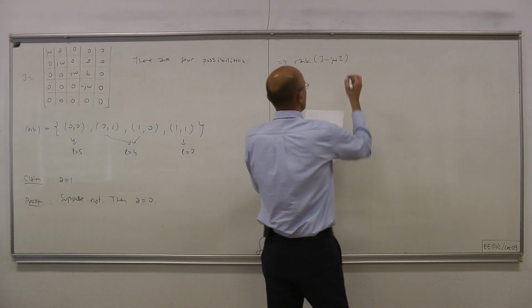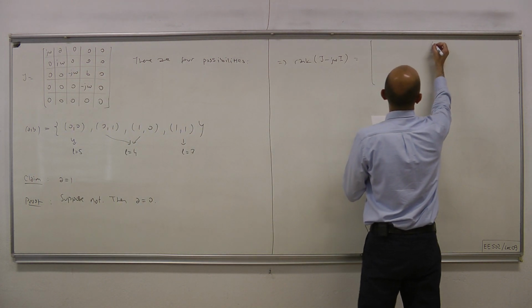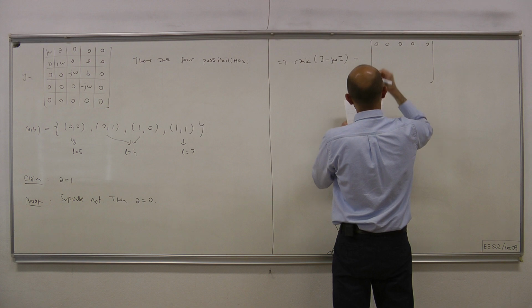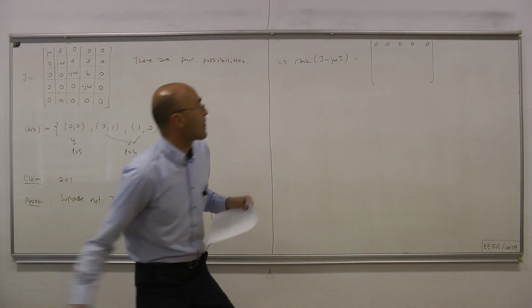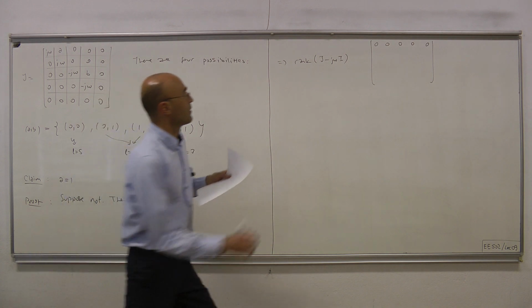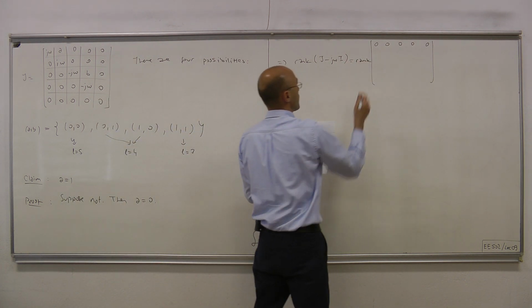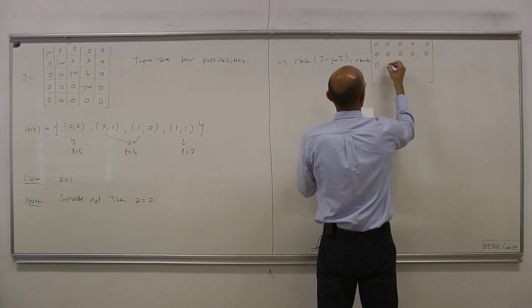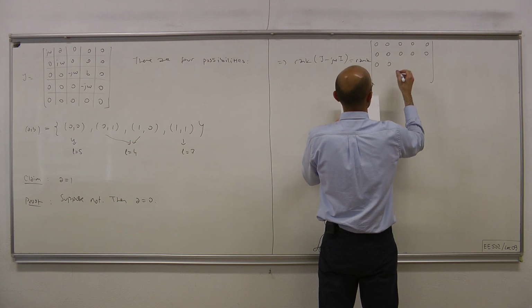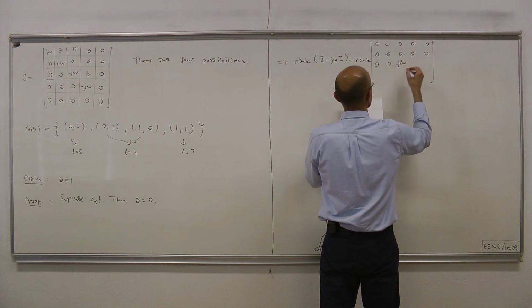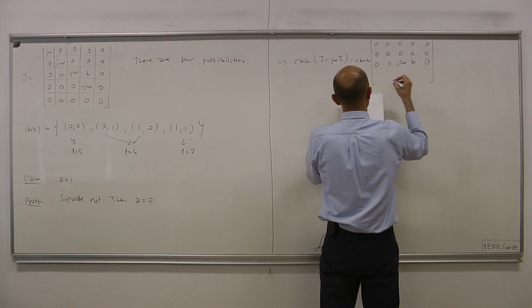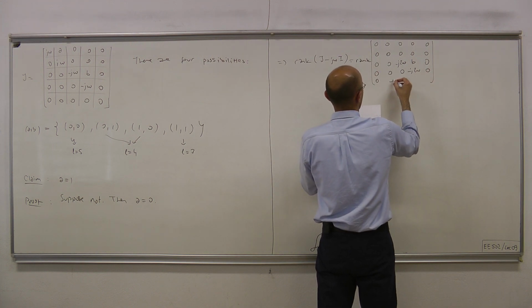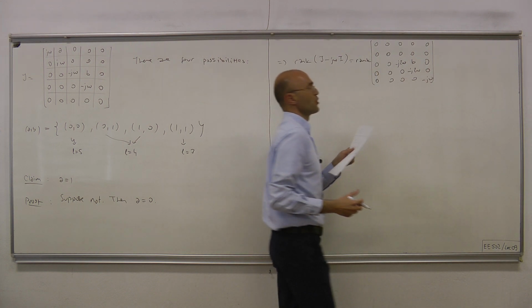Okay, so that equals the rank of this matrix: 0 0 0 0 0, 0 0 0 0 0 0 0, minus j2ω, B, 0, minus j2ω, 0, and here finally we have minus jω.